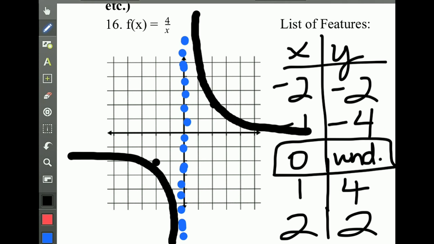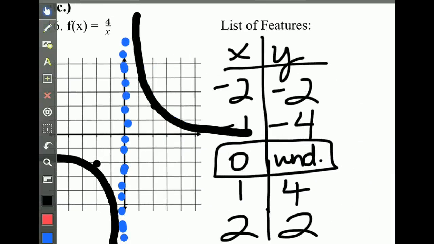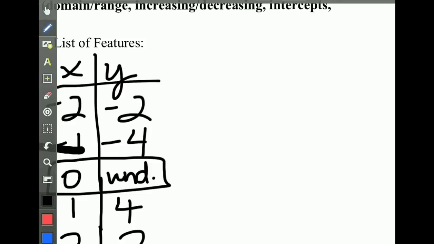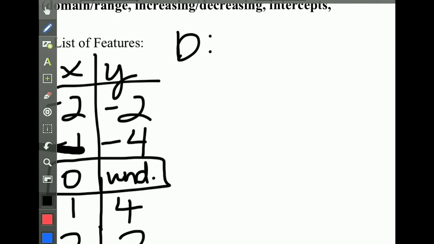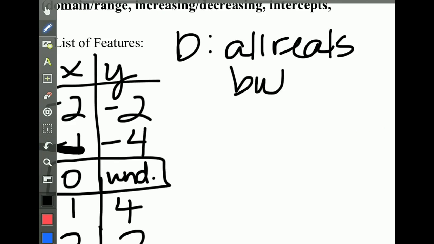It's shifted up off the x-axis a little bit, but a similar looking line. Your domain is still all reals but 0, because 0 is where it makes that function undefined. Range is all reals.